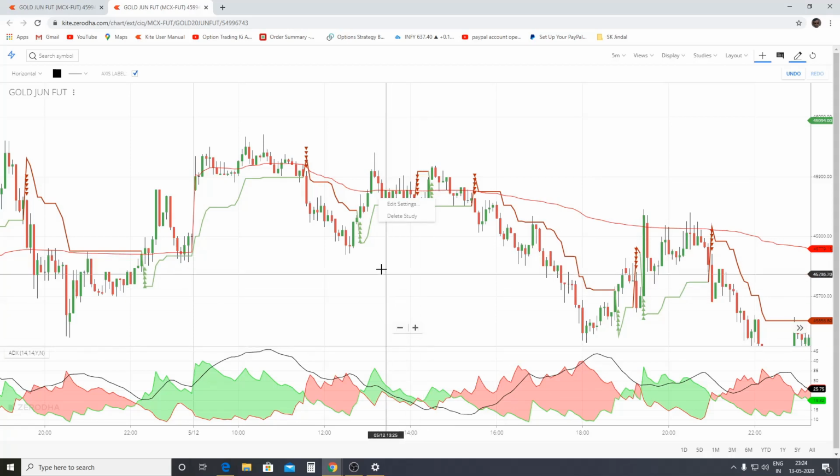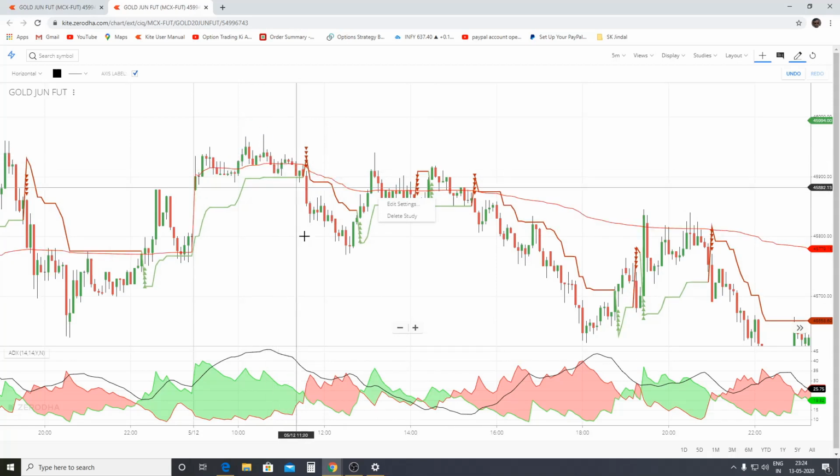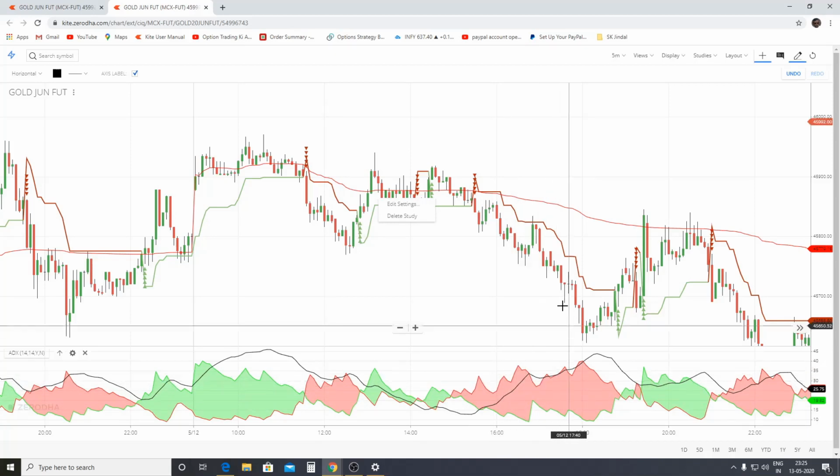So far we have been trading only on the super trend and VWAP indicator. As such, we haven't yet given that much focus on the ADX indicator. As I have explained, the ADX indicator can give you potentially very good trades and help you trail your positions for a better reward.